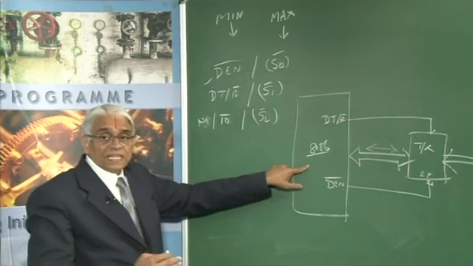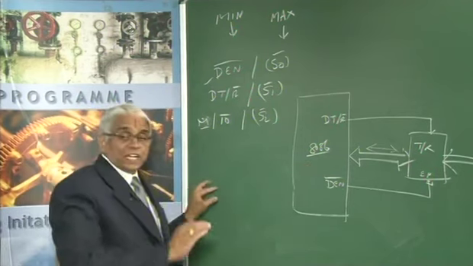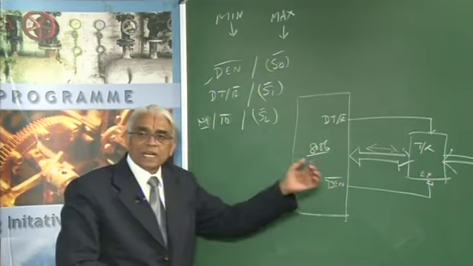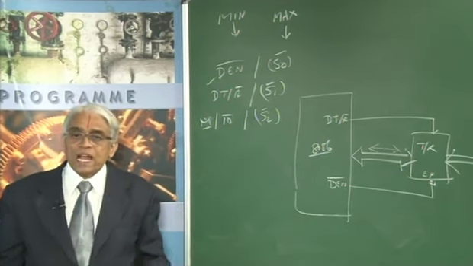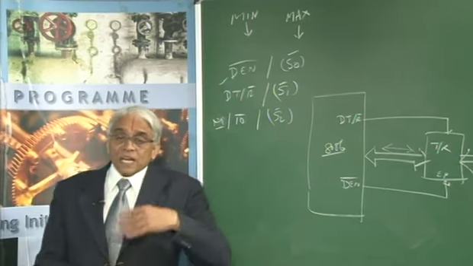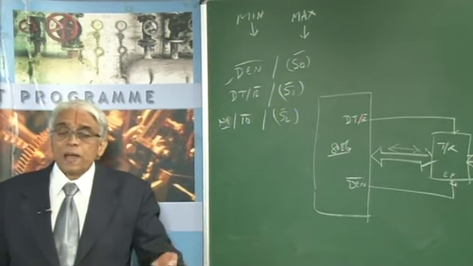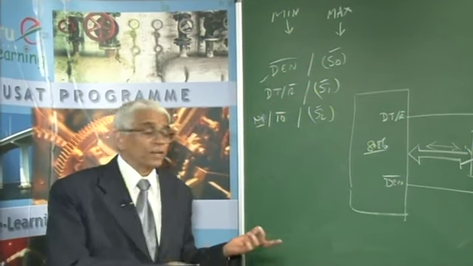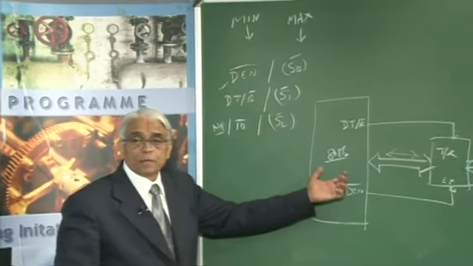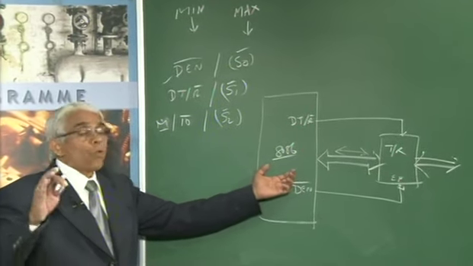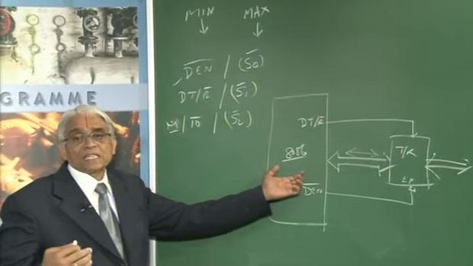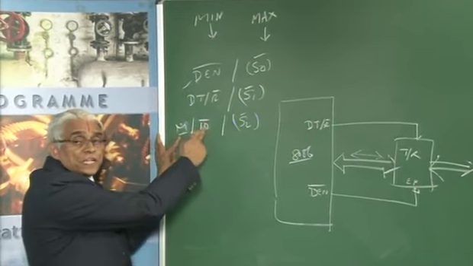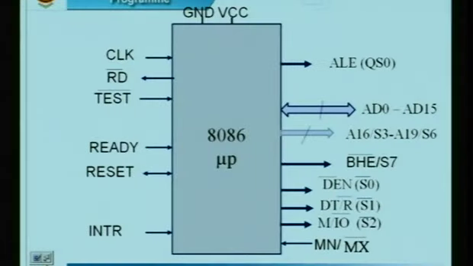If this signal is high, it says that it is going to interact with the memory. This chip has a separate space for memory and a separate space for IO, whereas some other microprocessors, like the Motorola chip, have only one memory space exclusively for memory, with no space for IO devices. The 8086 microprocessor has 1 megabyte of memory and can access 64K IO devices, and hence we have a pin that differentiates between memory and IO device.